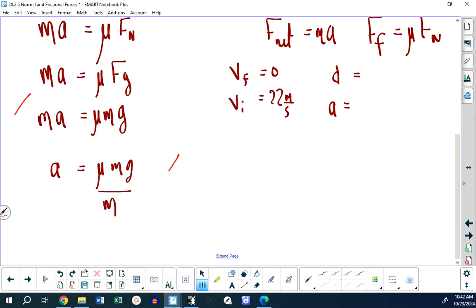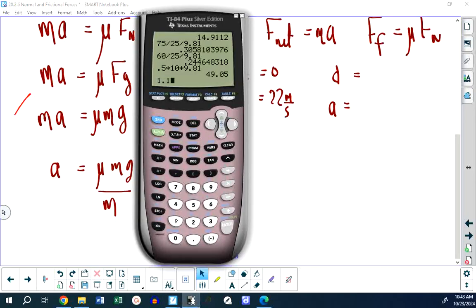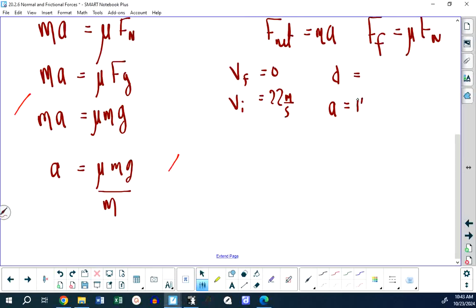If you want to put the mass of 5 kilograms in the top and the bottom, feel free, but they're going to cancel. So all we have to do is take mu times g. We get 11.2815 meters per second squared. And now we're transported back in time to kinematics.